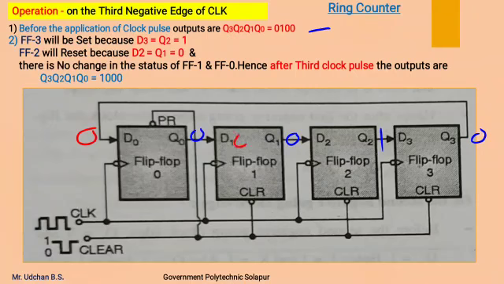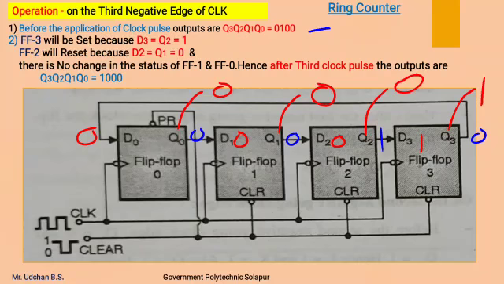Q0 is 0, D1 will be 0. Q1 is 0, D2 will be 0. Q2 is 1, D3 will be 1. After the third negative edge of the clock, we will get outputs with respect to their D inputs. Therefore, Q0 will be 0, Q1 will be 0, Q2 will be 0 and Q3 will be 1. So after the third negative edge of the clock pulse, we will get the output as 1 0 0 0.